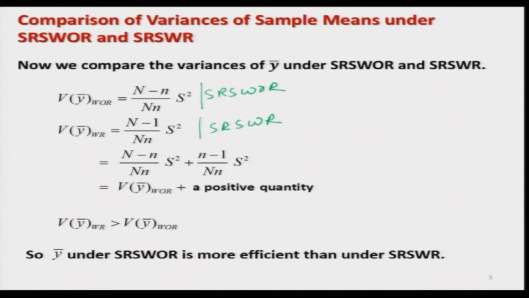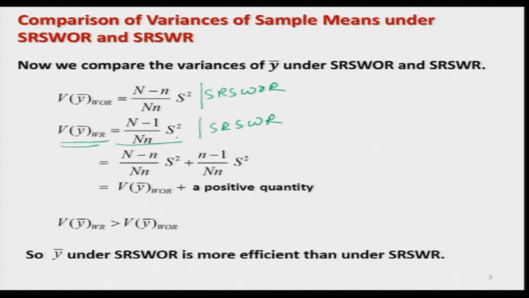Now what I am going to do is simply compare the variances of y bar under simple random sampling with and without replacement. If you look into the expressions of these variances, the variance of y bar under with replacement is given by (N minus 1) upon N times S square.